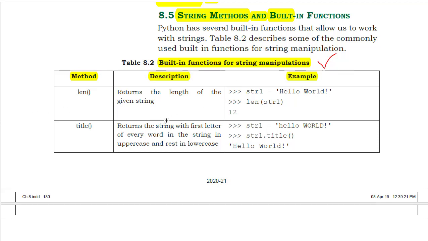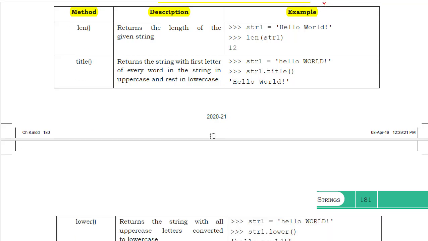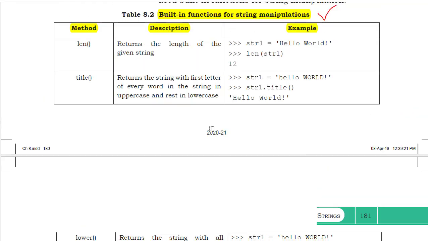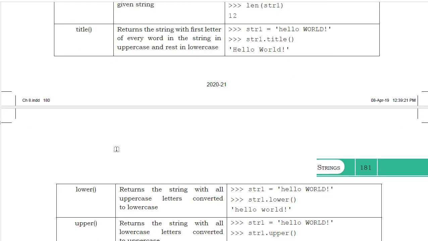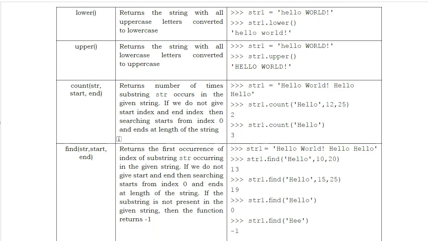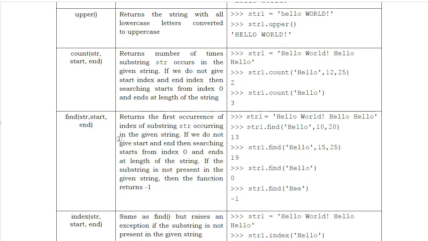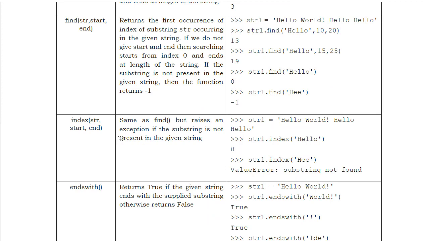Suppose the len method returns the length of the given string. String1 equals "hello world"; it will give the output 12. Like this, title, lower, upper, all these methods are here. You please go through, take the screenshot and go through.